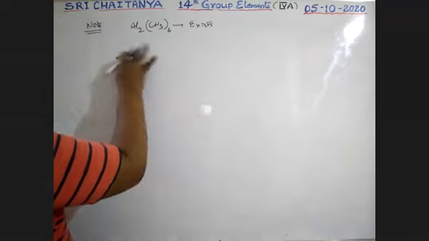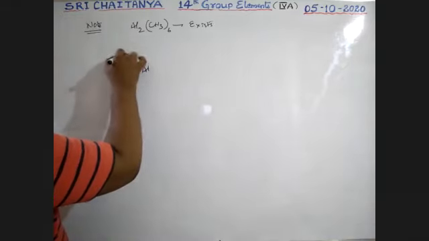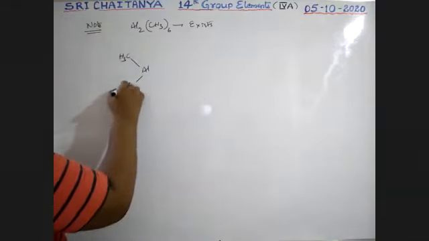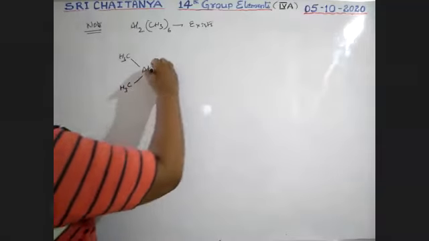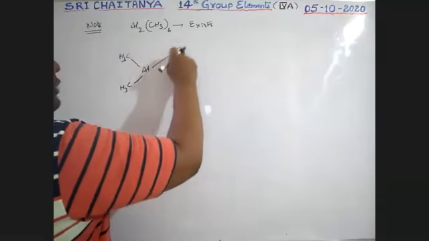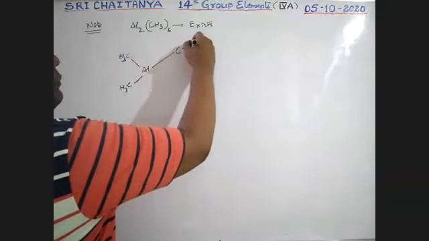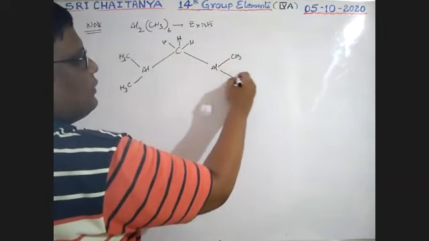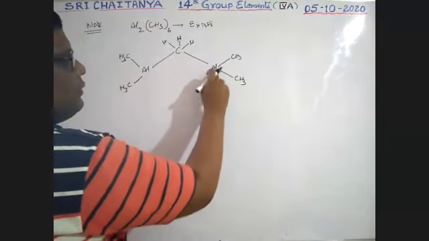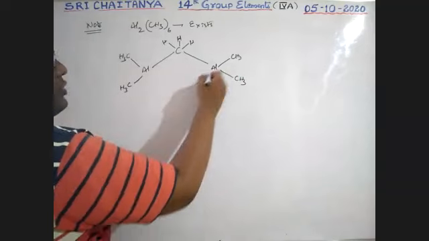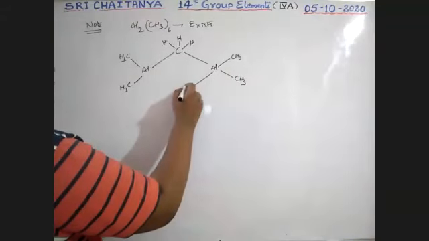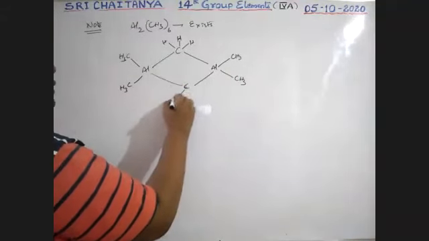CH3, I'm writing here, CH3, Al, CH3. Here also there is a bridge bond, carbon bridging with the CH3.